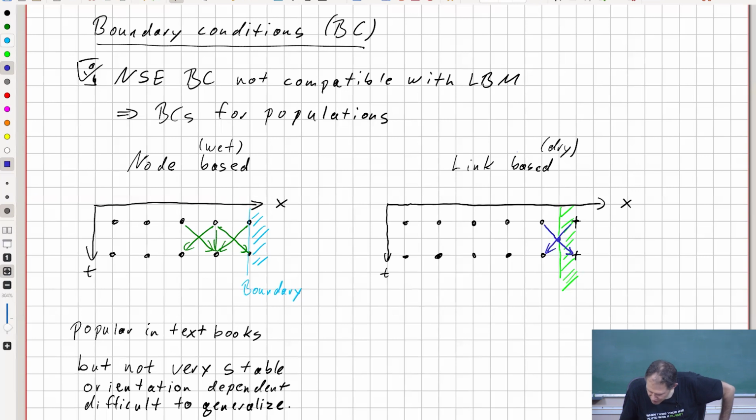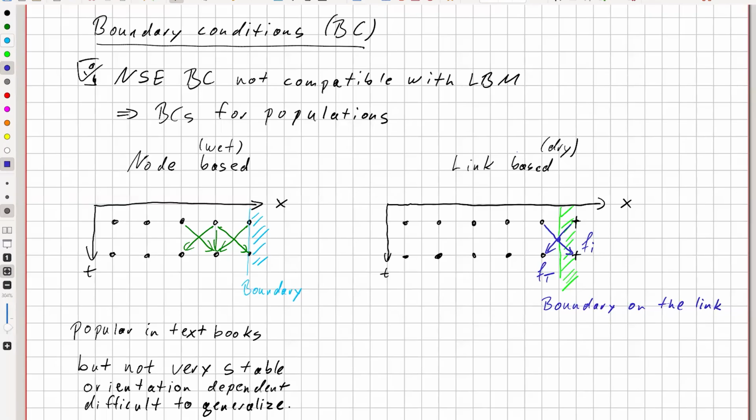We'll assume that the one that is going out is called Fi and the one that is coming in is F minus i. And here we put the boundary on the link. This would usually imply that it is halfway between two nodes.